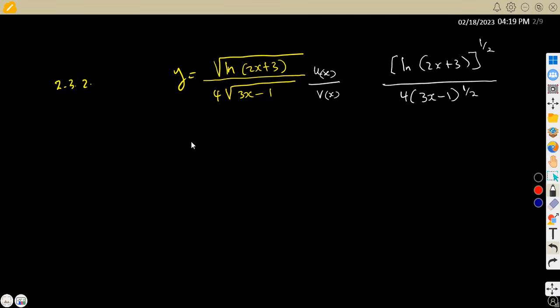So in this case, if we are to find the first derivative, we know that the formula is dy/dx is equivalent to v(x) times the first derivative of u, minus u(x) times the first derivative of v, all over v(x) squared. So this time you definitely have to start with v.